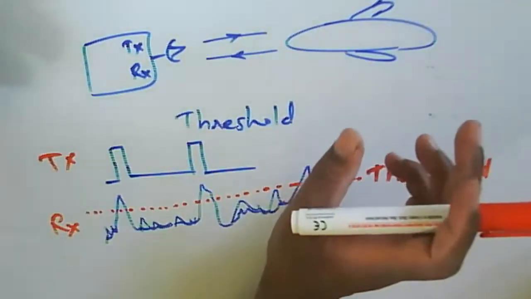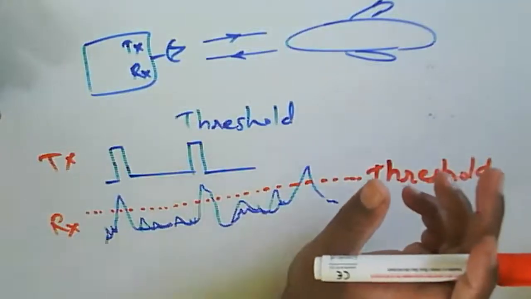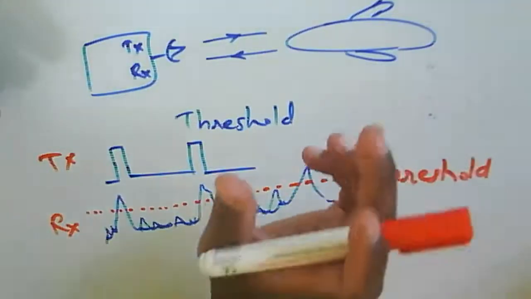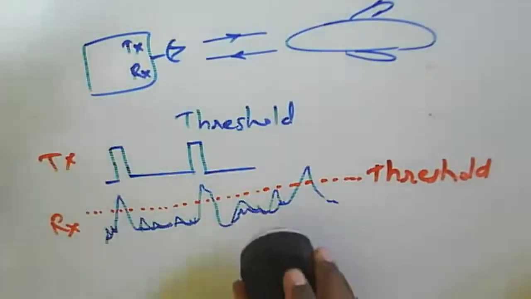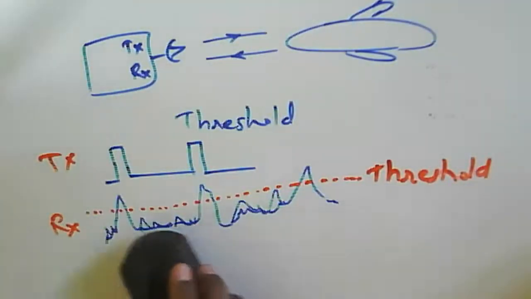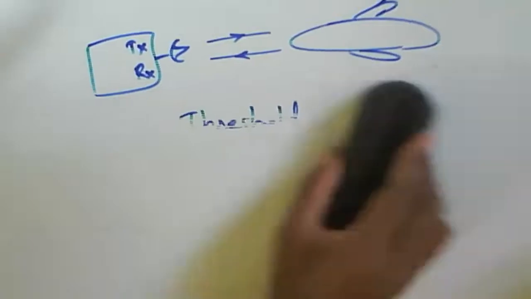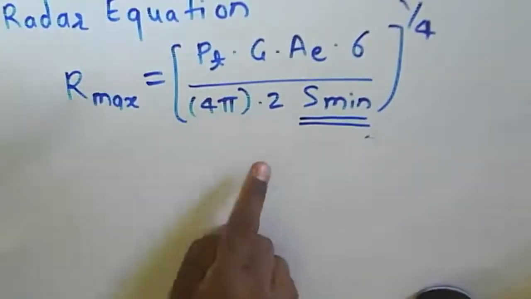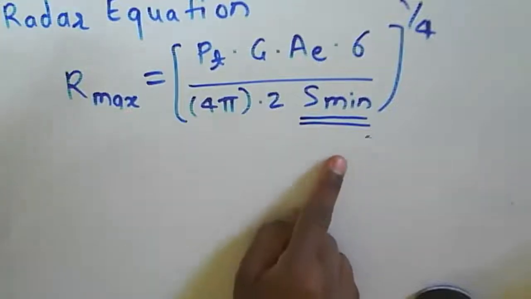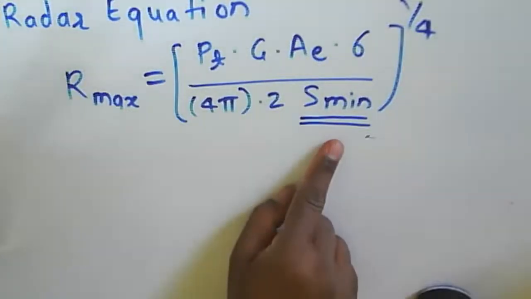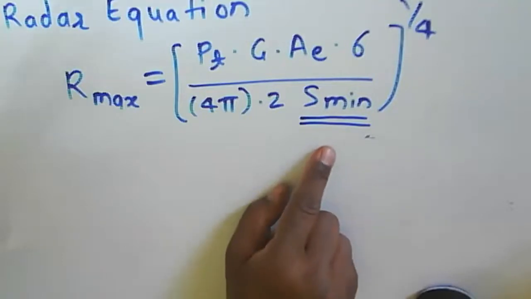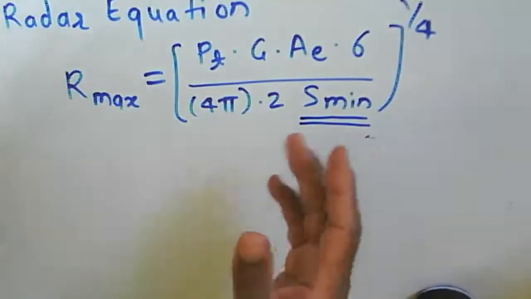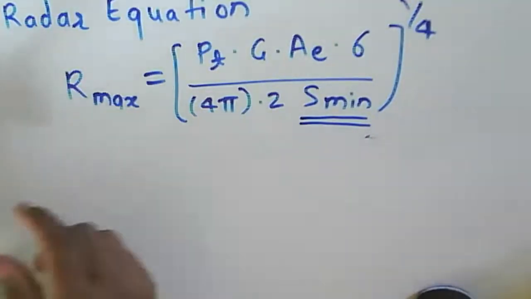And that noise is directly proportional to the bandwidth and the absolute temperature of the device. So we find out the noise value, then we will modify this equation. So this is about the minimum detectable signal. Then we need to consider the minimum detectable signal with respect to the signal to noise ratio, and then we will modify this equation.